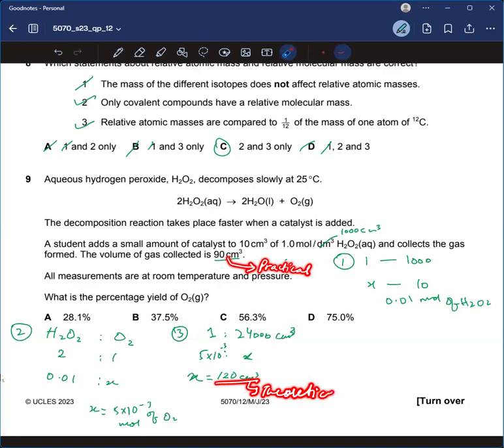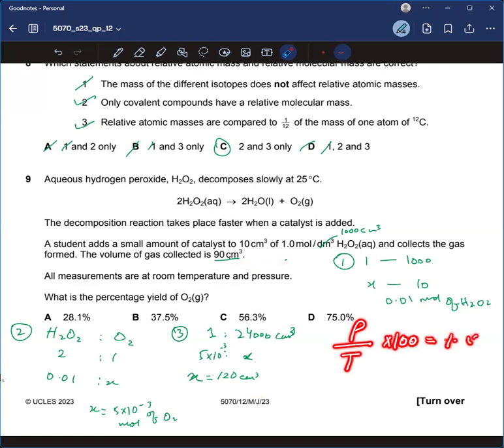So to find the percentage yield, the formula is, I'll just write the initials, P over T, where P stands for practical yield and T stands for theoretical yield, times 100 equals percentage yield. Now I'll directly input the values, which are 90 divided by 120 times 100, and I'll get 75% as my answer. So yeah, the answer is 75%.